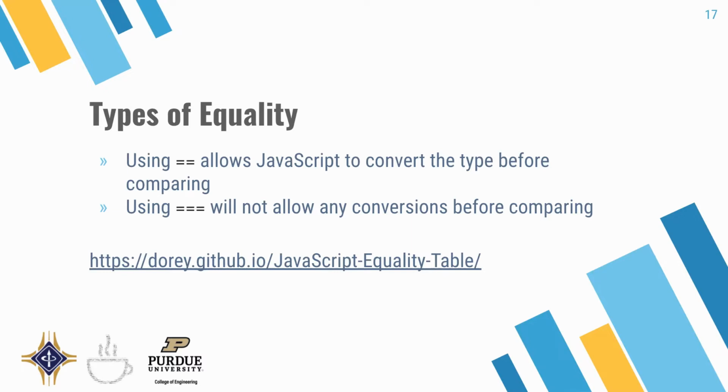So the word four in quotation marks triple equals 4 will return false because they're not literally the same, because one is a number and the other is a word. Then you can also check out more about the equality table. We pasted the link. If you're interested, definitely check it out.